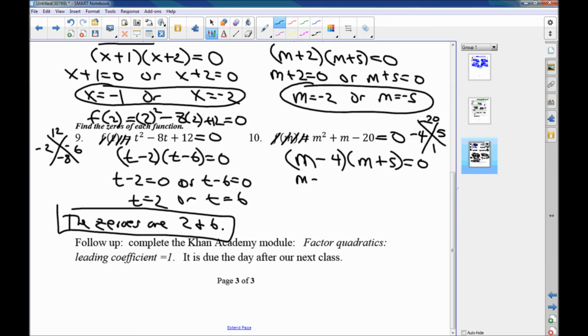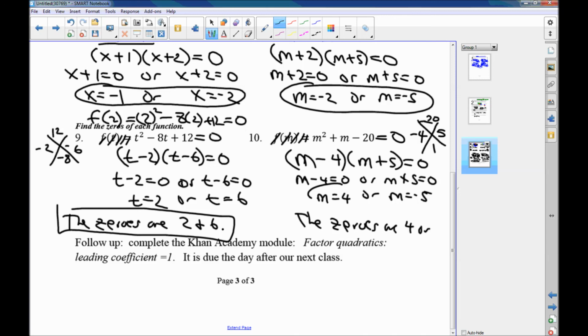Split this into two problems. M minus 4 equals 0, or m plus 5 equals 0, and then you solve for m. Okay, that means the zeros are 4 and negative 5.